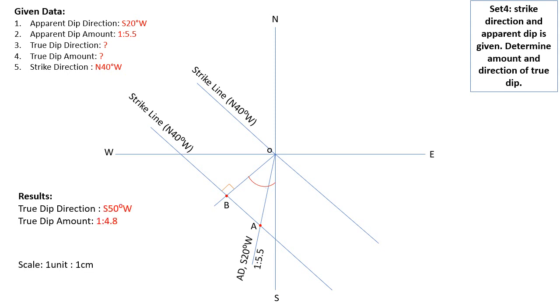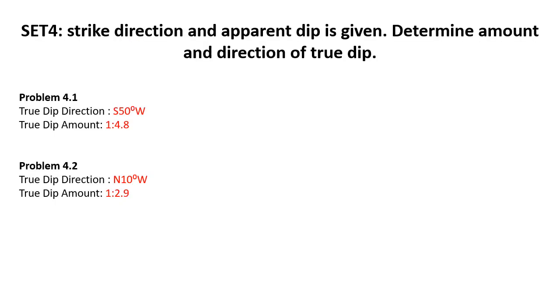Results, we will write it as south 50° west, and this distance OB is the true depth amount, that is 1:4.8.